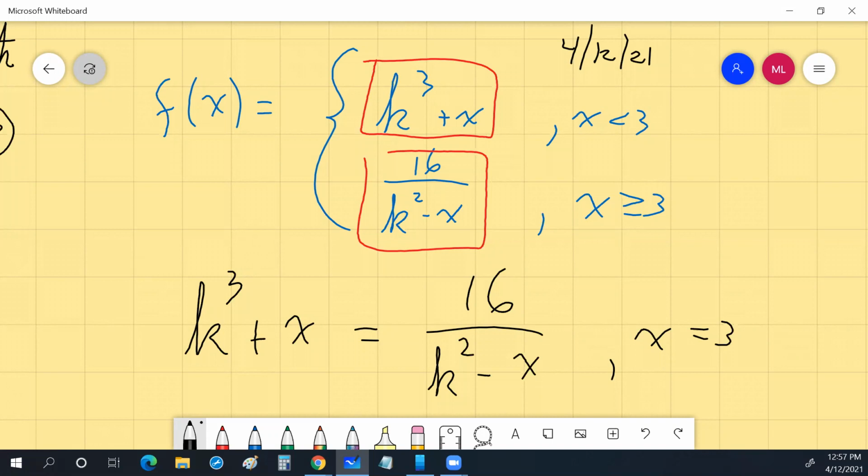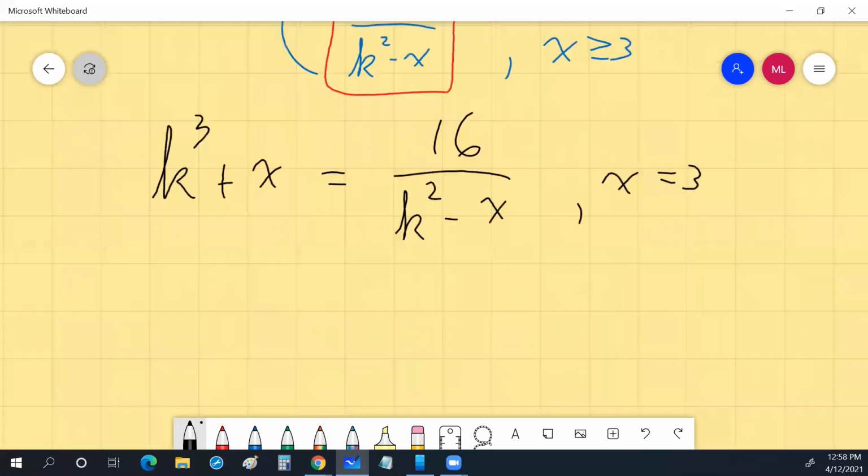Those two shapes have to match and touch. And the value of the function when x equals 3, with this formula, has to equal that value of that formula. So basically I'm saying they have to equal at 3 because the left limit and the right limit have to match up. The definition of continuous function is the left limit, the right limit, and the value of the function all match at that point.